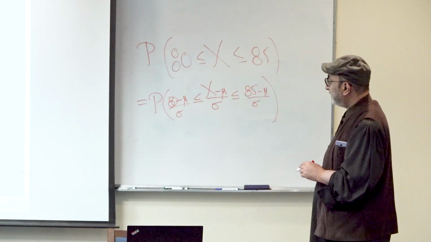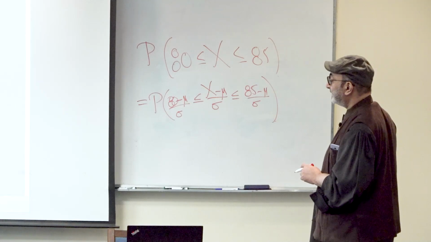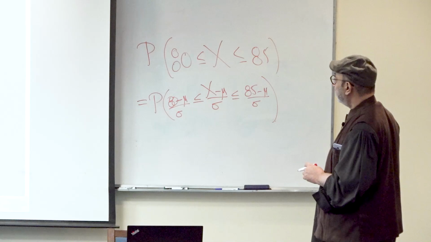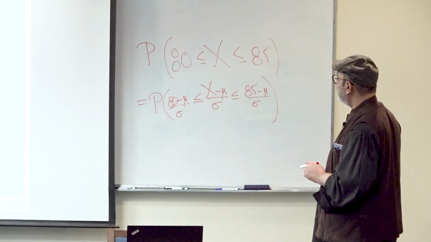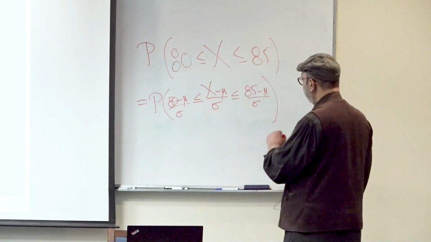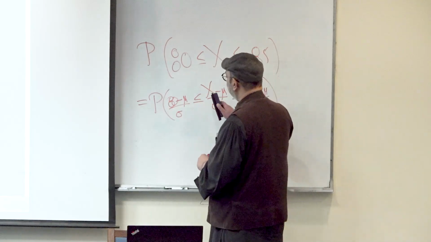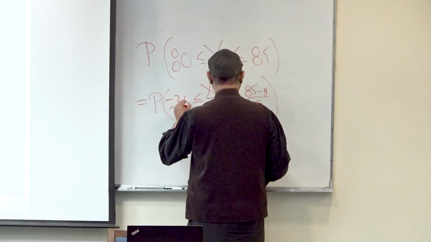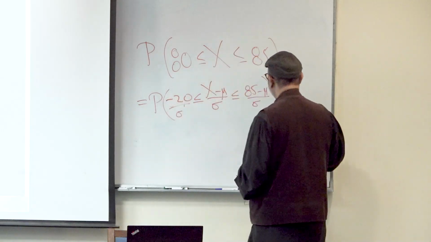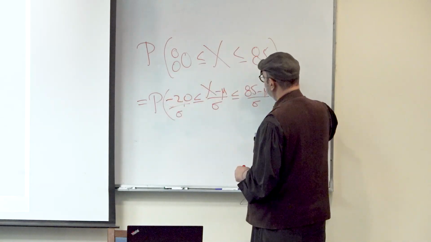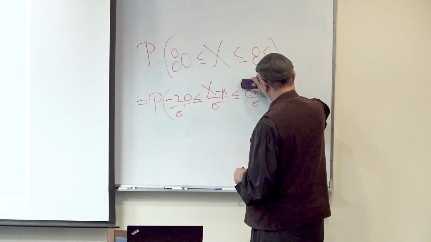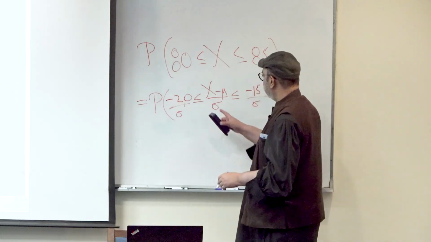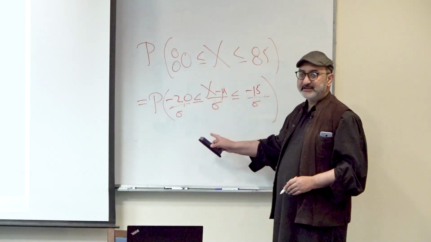All right then. What was mu? Mu was 100. So 80 minus 100 is minus 20, and 85 minus 100 is minus 15, right? And what's (x minus mu) over sigma?